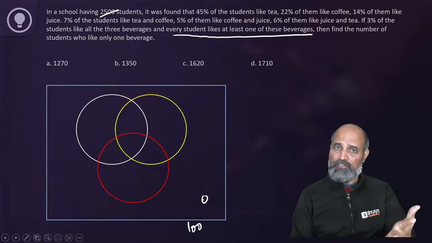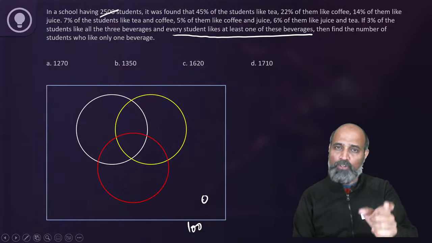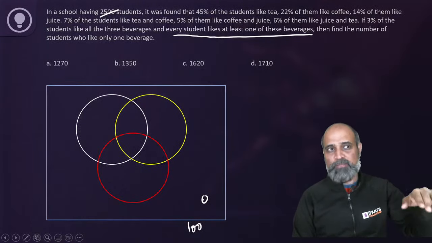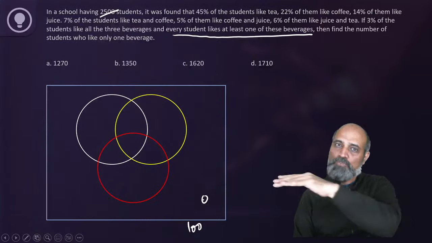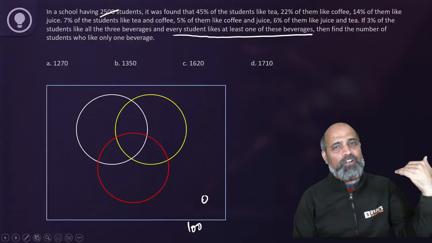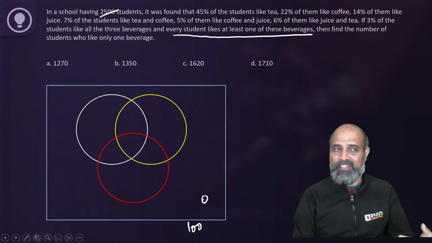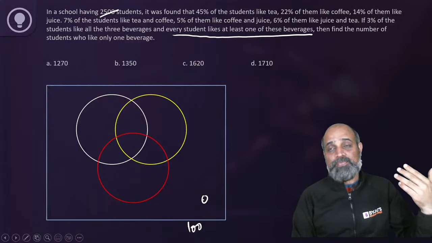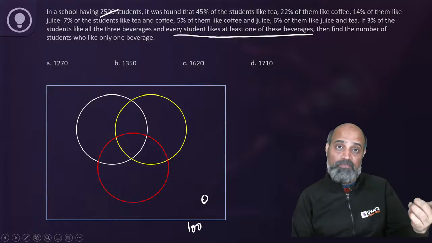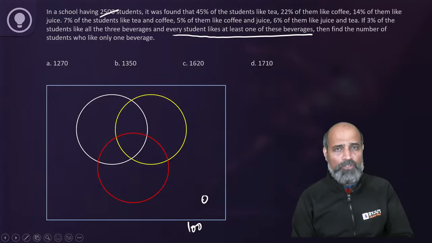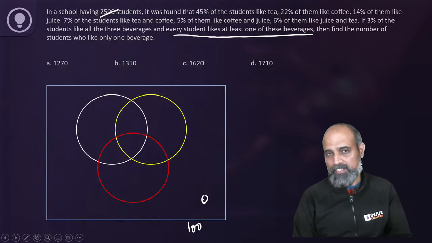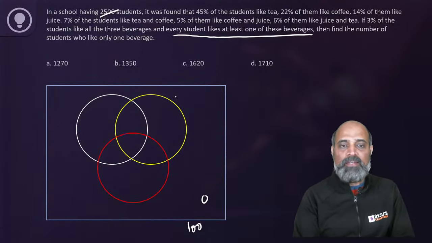You must have done enough number of set theory questions, you would know that whenever a question says everybody is going to like at least one of the games or movies or music, or each student passed the exam, this जो none वाला part है वो 0 हो जाता है. It doesn't exist, right? There is nobody over there.